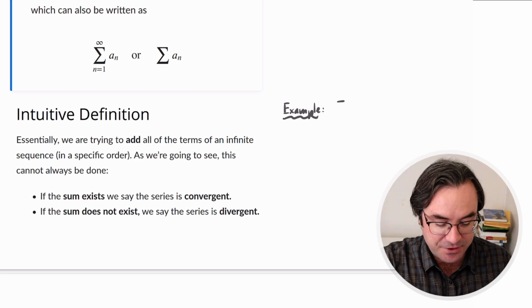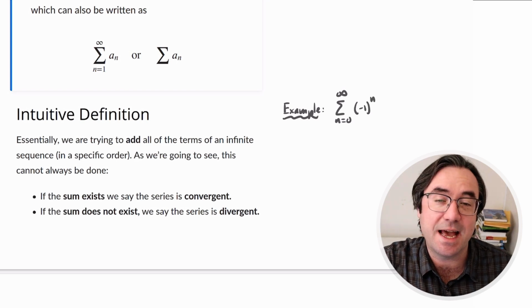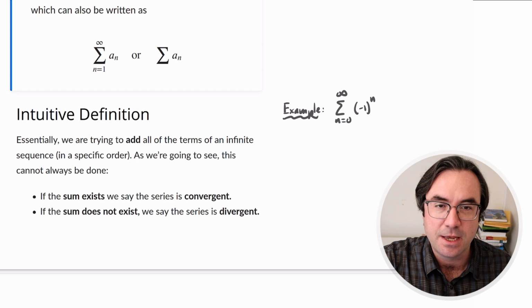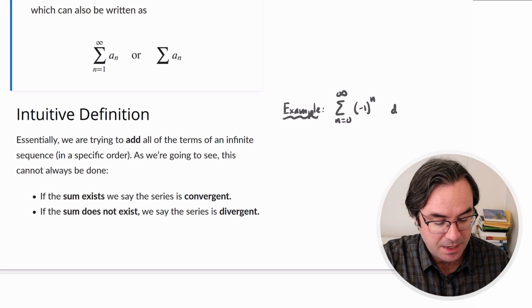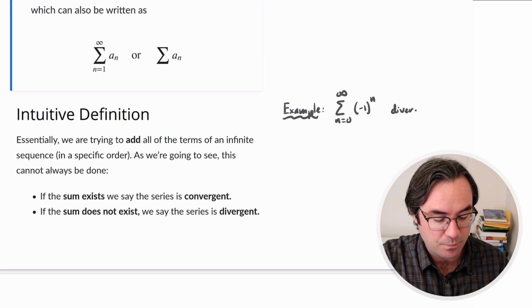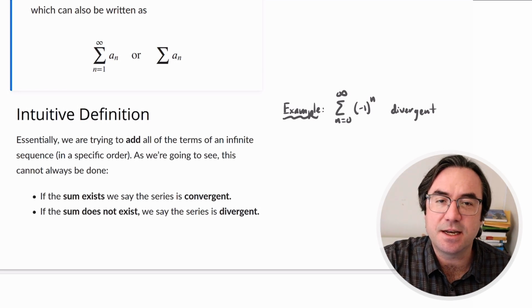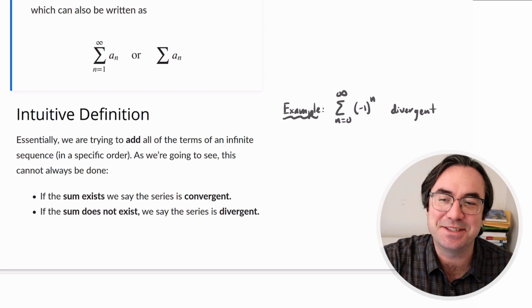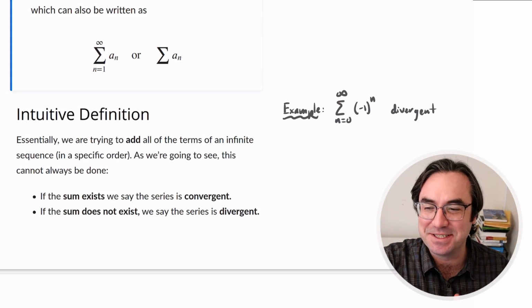So let's look at the series from n equals 0 of negative 1 raised to the n. This is going to be a divergent series, and we're going to see why. Actually, we'll look at this one a few different times. But let's use this series to prove that 1 is equal to 0.